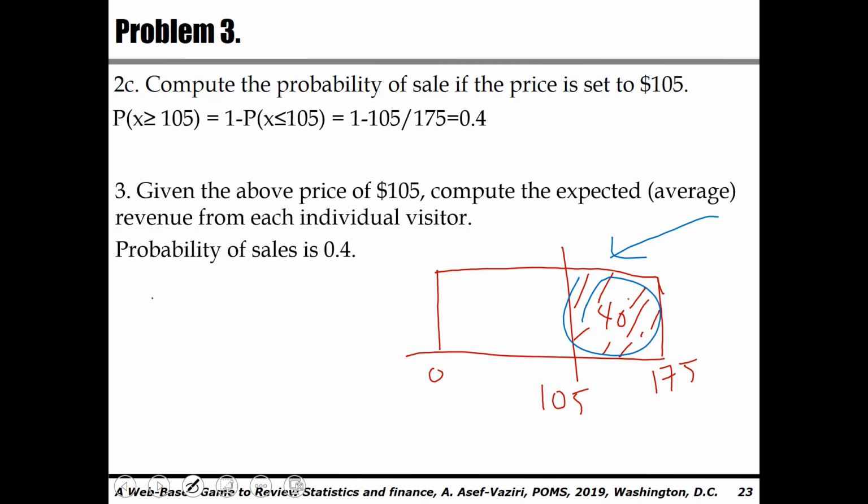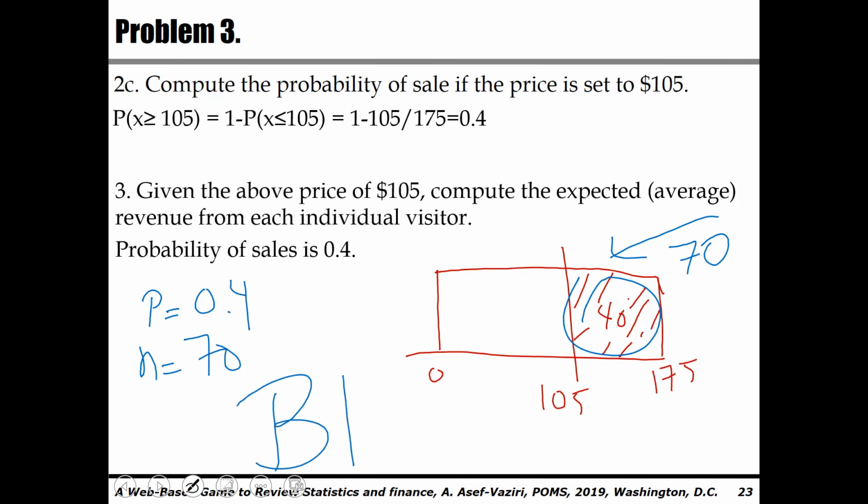So P is equal to 0.4. How many people come to this website per day? As we computed earlier, 70. Therefore, N is equal to 70. So we have a binomial distribution where the probability of purchasing our product is 40% and 70 people per day visit this website.